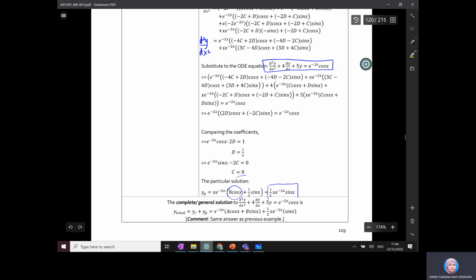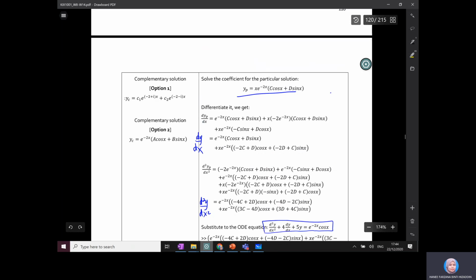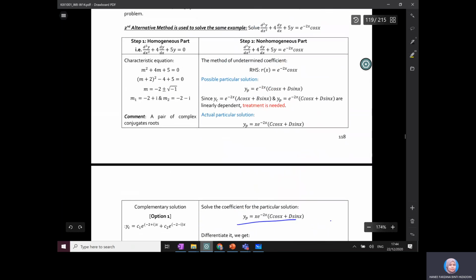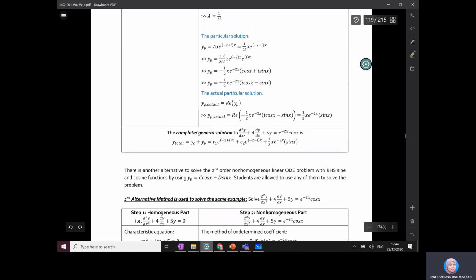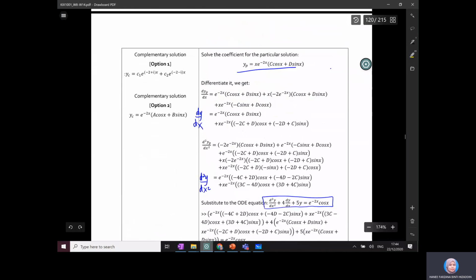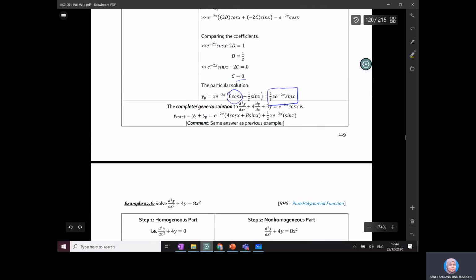Thus, you will end up with YP equals this, which is the same answer as we had using the first method just now. You can see that it's the same: 1/2 x times e to the negative 2x times sine x.